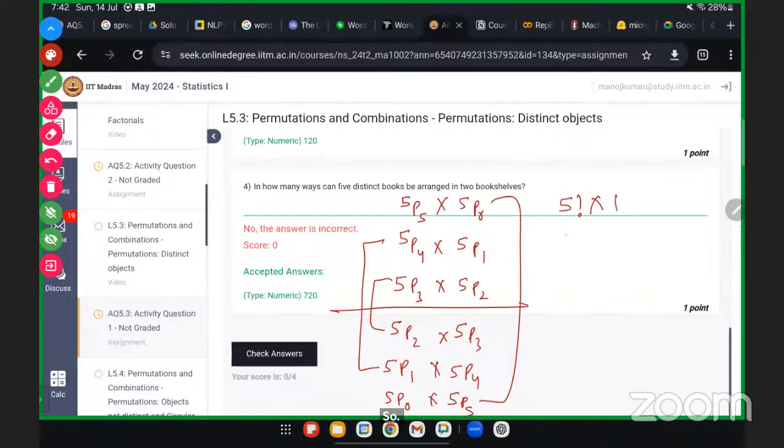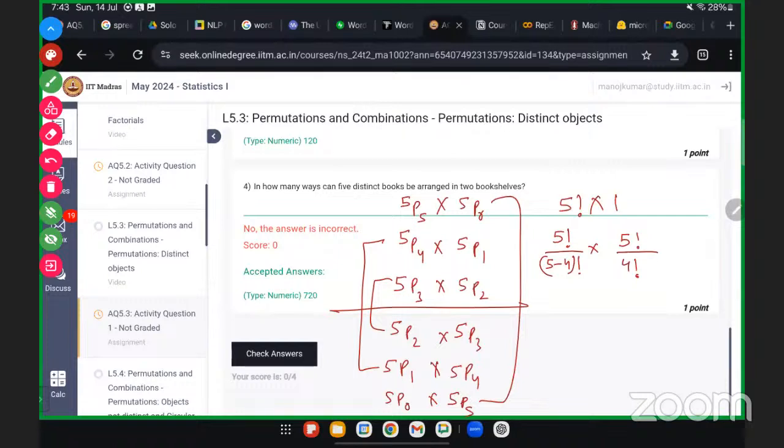This 5P4 is 5 factorial divided by 5 minus 4, which is 5. And this could be 5 factorial over 5 minus 1, so that is 4 factorial. 5 minus 4 factorial.